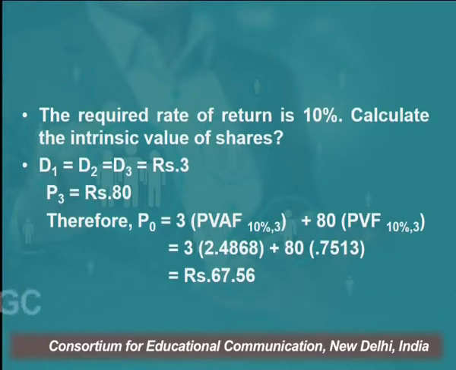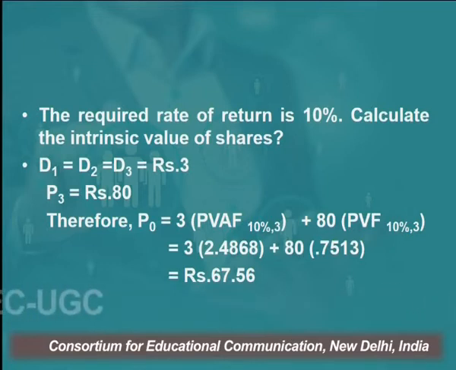Therefore P0 is equal to 3 multiplied by the present value annuity factor at 10% for 3 years, plus 80 rupees, that is the Pn, multiplied by the present value factor at 10% for the 3rd year. Means after 3 years, what is the present value of this 80 rupees if the required rate of return is 10%.